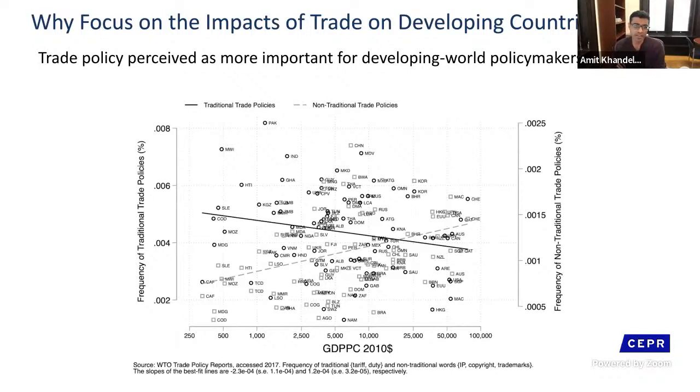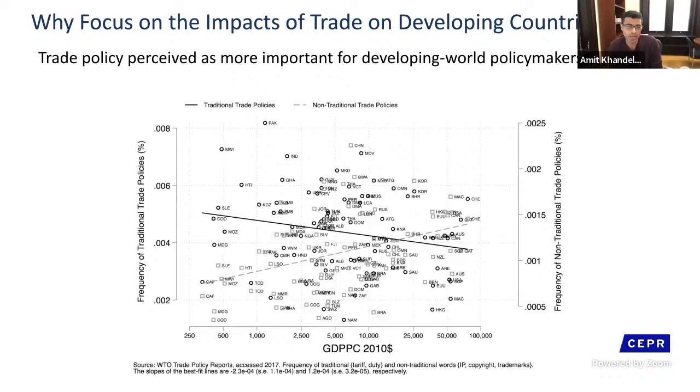And here you see that there's relatively more interest in non-traditional forms of trade policy, like intellectual property, in the developed world, whereas the developing world still has more emphasis on tariffs and duties. And so these three pieces of evidence suggest that trade is particularly important and on the minds of policymakers in the developing world.